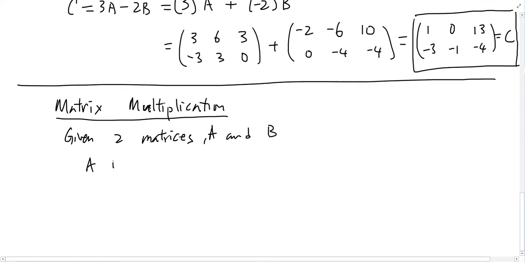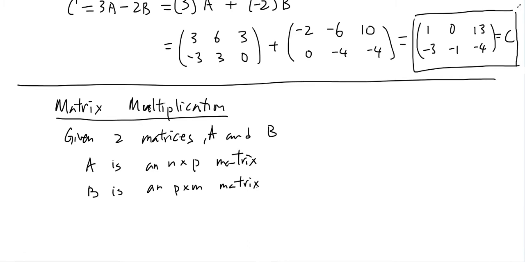Let's say A is an N by P matrix, and let's say B is a P by M matrix. Off the top of your head, you already know the following things. These are things you have to learn to pay attention to when we define operations and procedures. Okay?